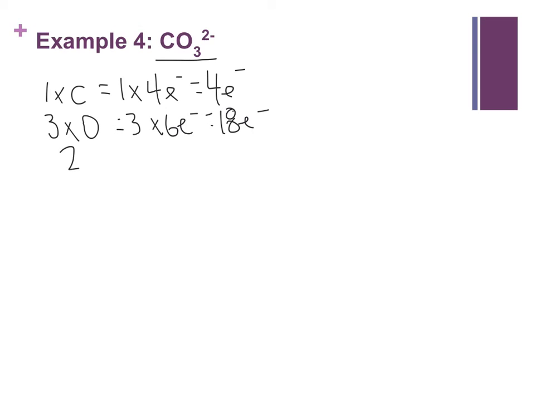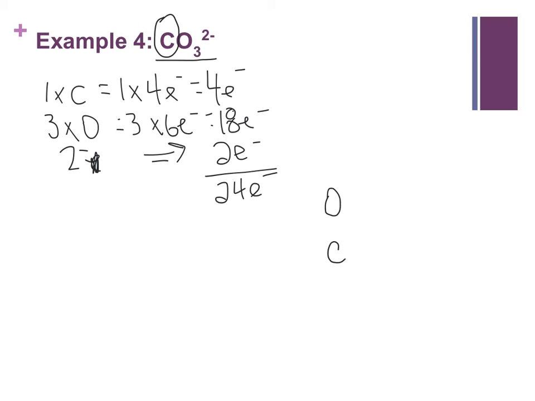And the 2 negative charge means that we have 2 extra electrons. So we're going to add this up, 18, 20, so 24 electrons total. Our rule then says for our structural diagram, the lowest valence number in the middle, which is carbon. We're going to surround it by the 3 oxygens.